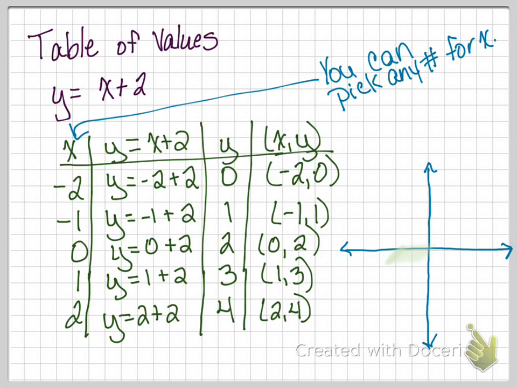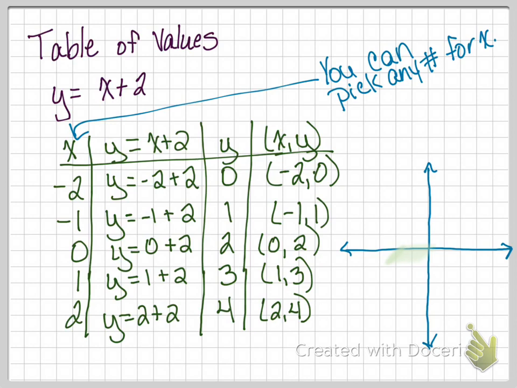Students are like, I don't remember if I go up and down first or if I go left or right first. When I am plotting ordered pairs, we go left to right first, then I go up and down. So for negative 2, 0, I go negative 2. How much up or down do I go? None. So I'm going to put my point right there.